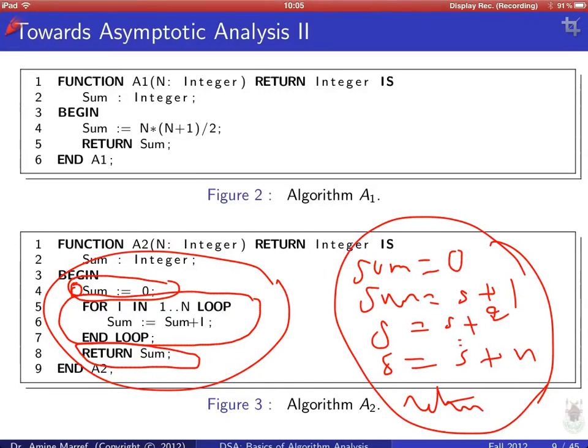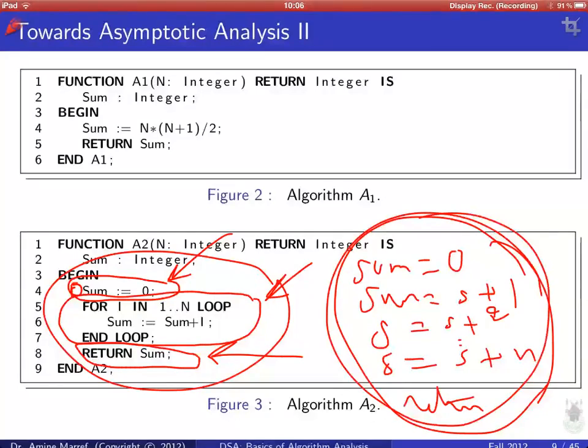Now, let's assume that we have two algorithms, A1 and A2, and they have growth functions f(n) and g(n). Algorithm 1 has a growth function like that, and another one has a growth function like this. This is the number of steps in terms of the size of the input.